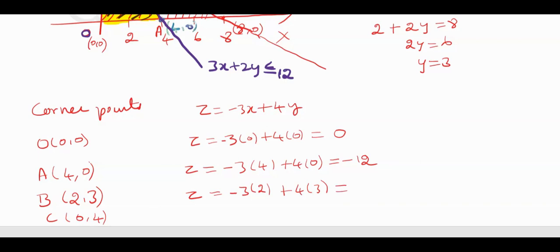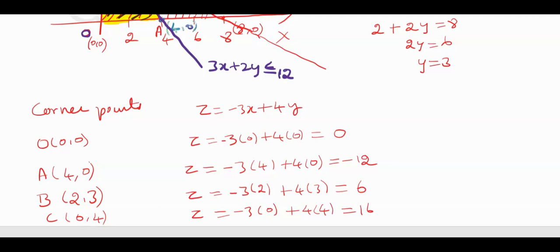This is equal to minus 6 plus 12, so plus 6. At the point C, it is 0, 4. So minus 3 into 0 plus 4 into 4, which is equal to 16.